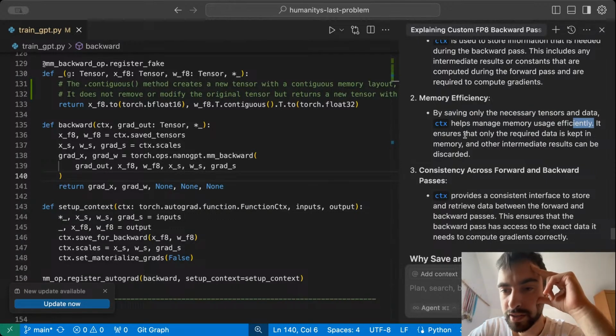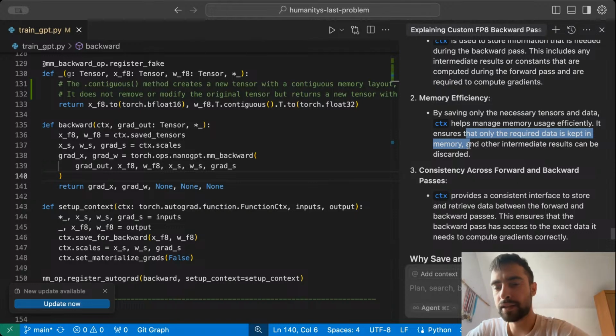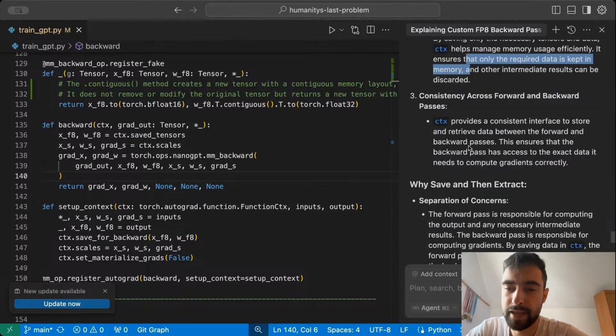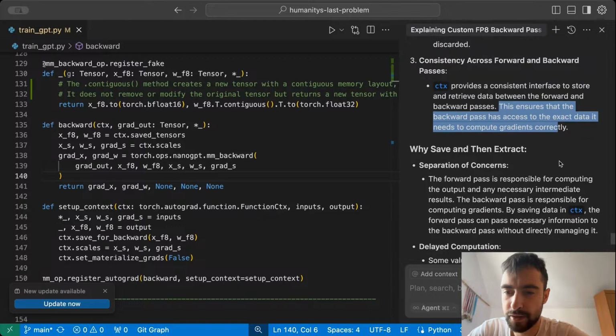It ensures that only the required data is kept in memory, and other intermediate results can be discarded. Context provides a consistent interface to store and retrieve data between the forward and backward passes. This ensures that the backward pass has access to the exact data it needs to compute gradients correctly.